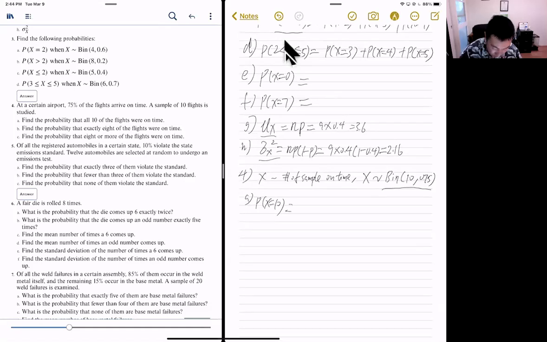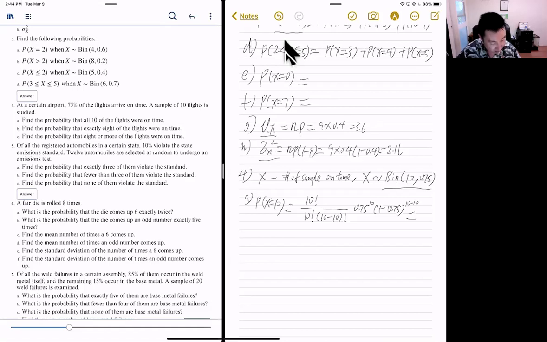So that is equal to 10 choose 10. n is equal to 10, x is also equal to 10. p is 0.75, n is 10, 1 minus p, and n minus x, 10 minus 10.